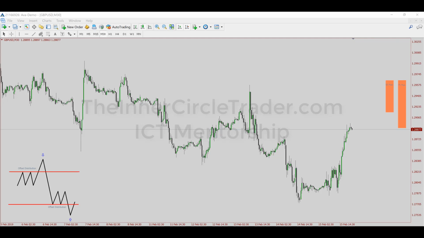So from a visual standpoint, over here, this is what you're looking at. You want to see an area where there is a single high or double high, in other words, like a double top. Either one of these scenarios will work when you're bearish. When price runs above that, and it's during a kill zone, and it's a time of day where it would support it, in other words, we're in a bearish market environment.